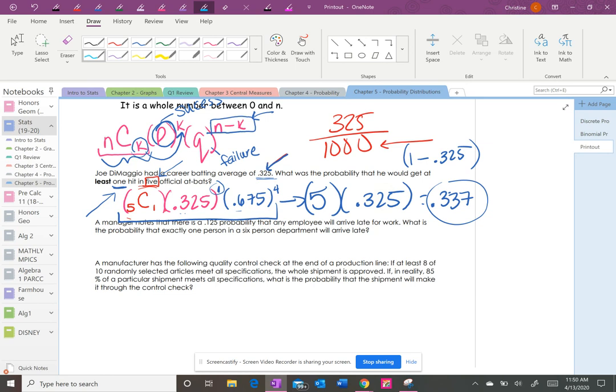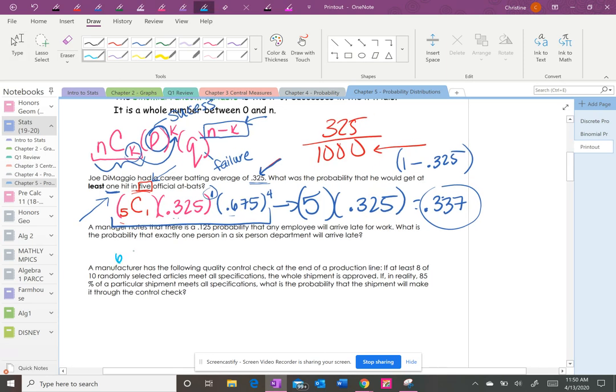Okay? A manager notes that there is a 0.125% chance or probability that any employee will arrive late to work. So these are already predetermined probabilities. What is the probability that exactly one person in a 6-person department will arrive late? Okay, well, you have 6 people to choose from.